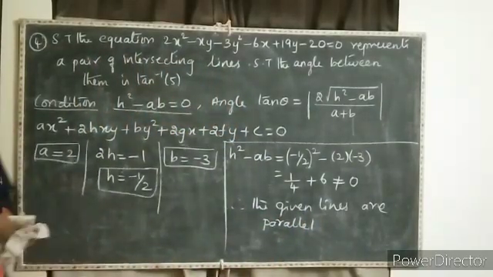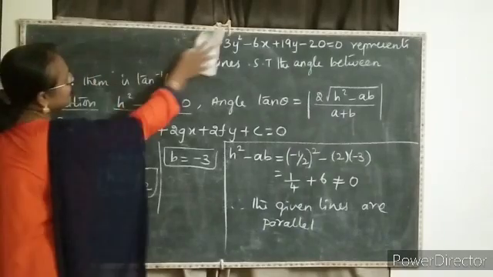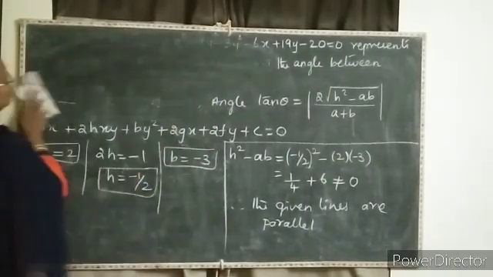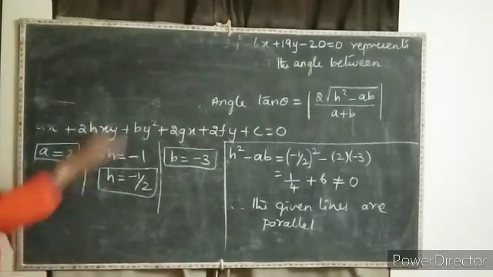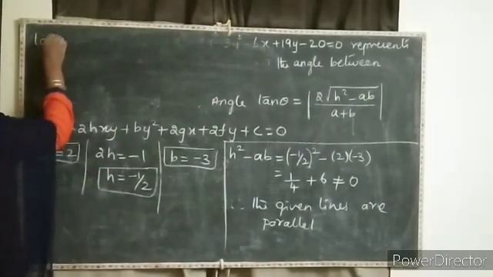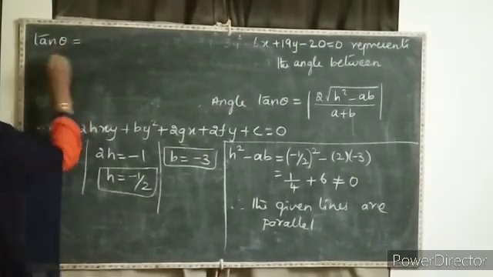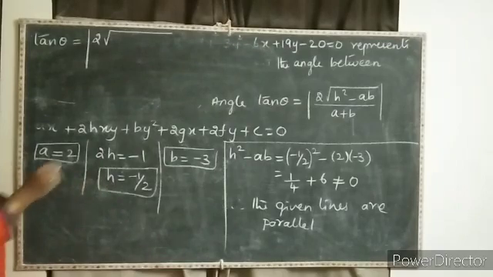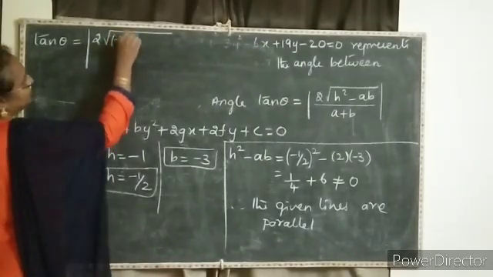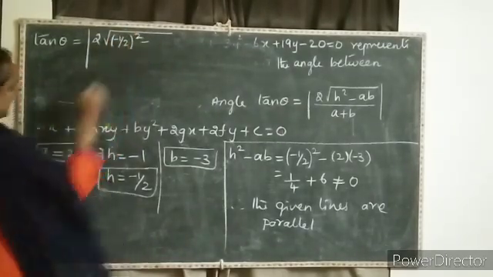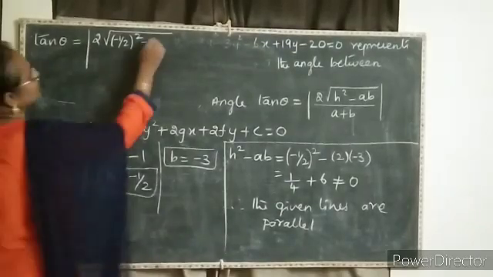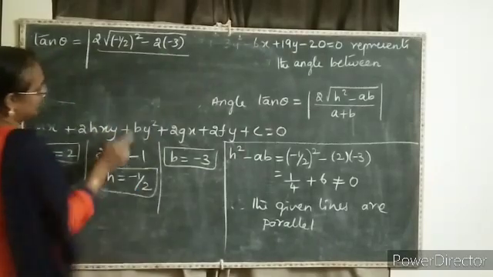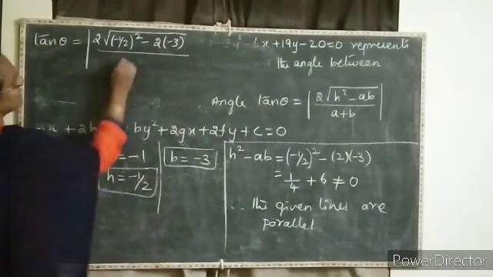Next I am going to check whether the given angle is tan inverse of 5. Now let's get into the formula. Tan theta is equal to modulus of 2 into square root of h squared, minus 1 by 2 the whole squared, minus a into b, 2 into minus 3, divided by a plus b, 2 minus 3.